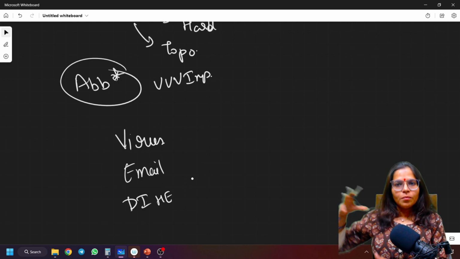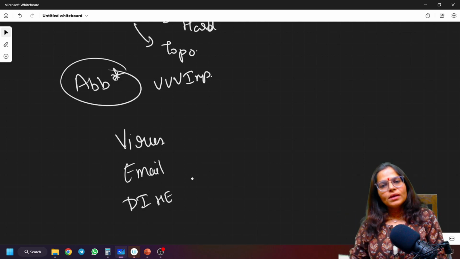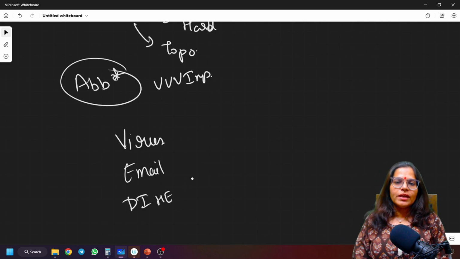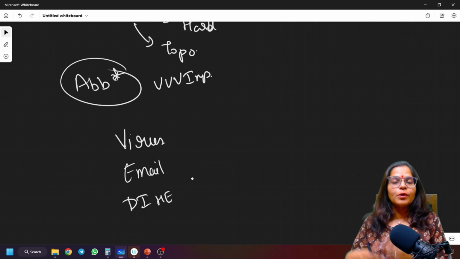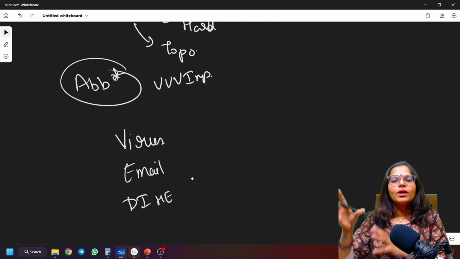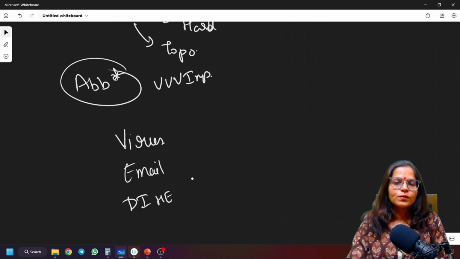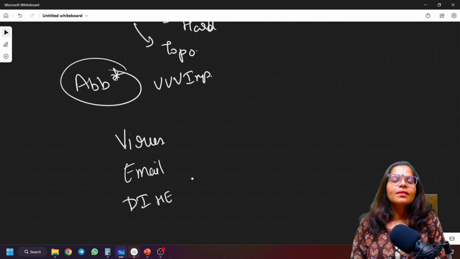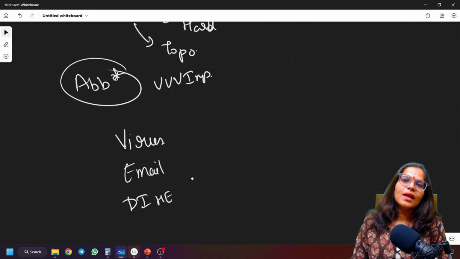So when government of India or any of these organizations or higher education institutes initiate, start, develop a particular website dedicated to a particular community or dedicated to a particular subject of students, so that it becomes easy for them to learn, to reduce the digital gap, that is digital initiatives in higher education.